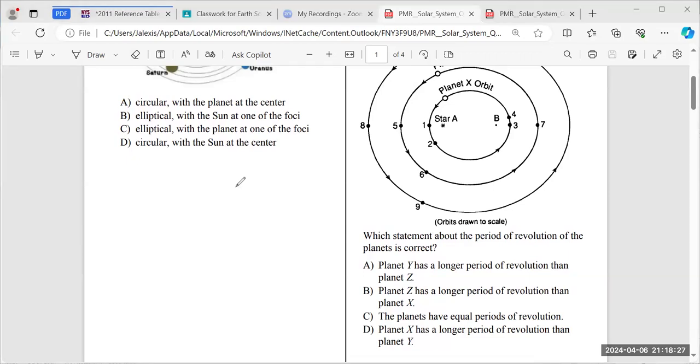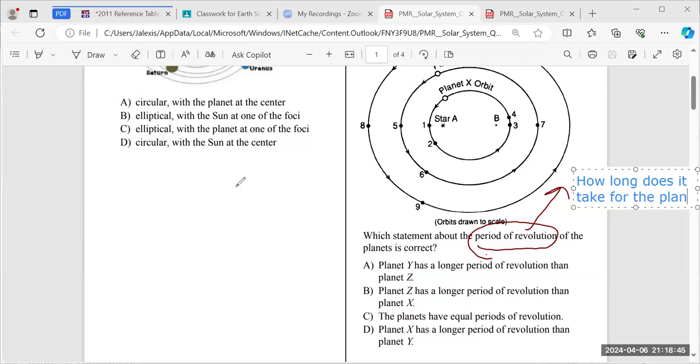When we talk about the period of revolution, we are talking about how long it takes for that planet to go around the sun. The period of revolution is how long it takes for the planet to go around the star. And we want to know which statement is true.